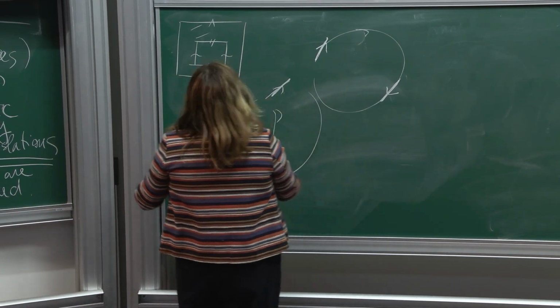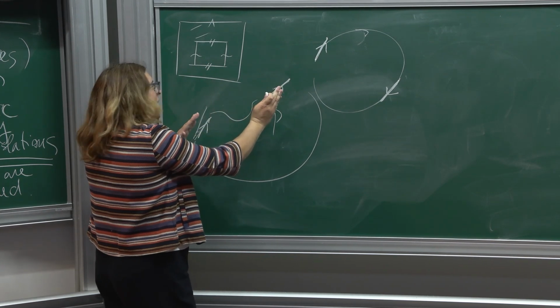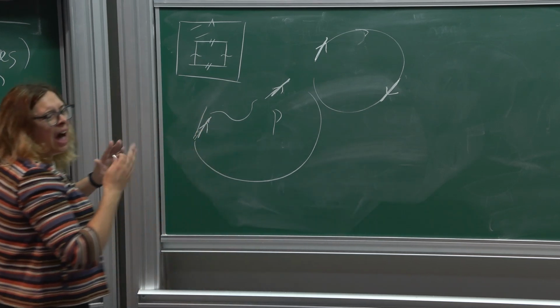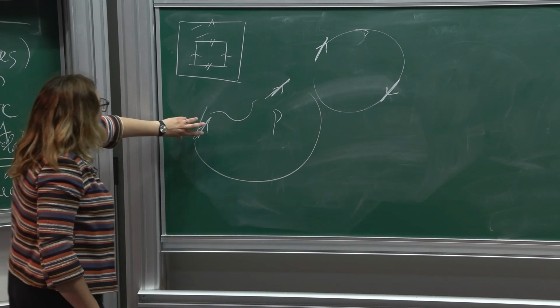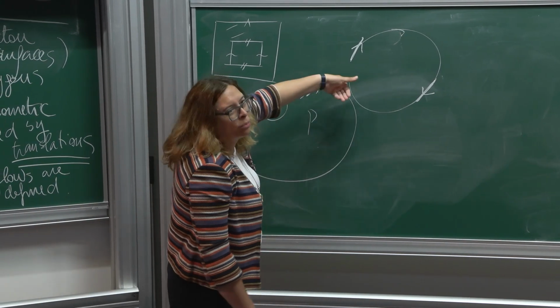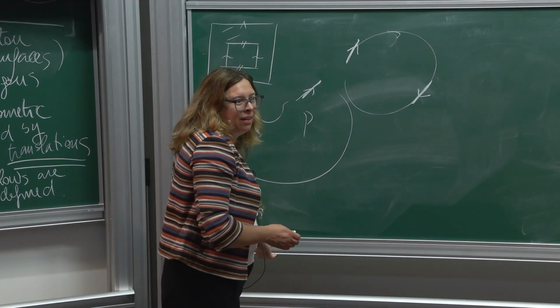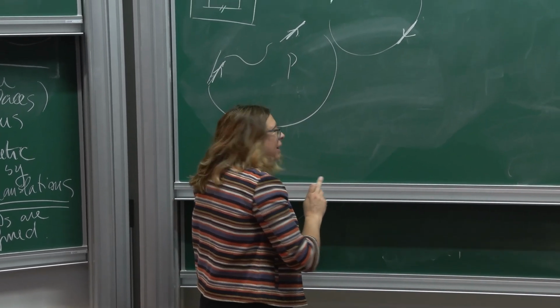You could glue these two by translation, but then you don't get a translation surface. You get something called a half translation surface. You should think that you glue them with opposite orientation, but then it's a rotation by pi that you are using. So you're translating and rotating by pi. In this case the notion of direction is also well defined, but I didn't stress it.